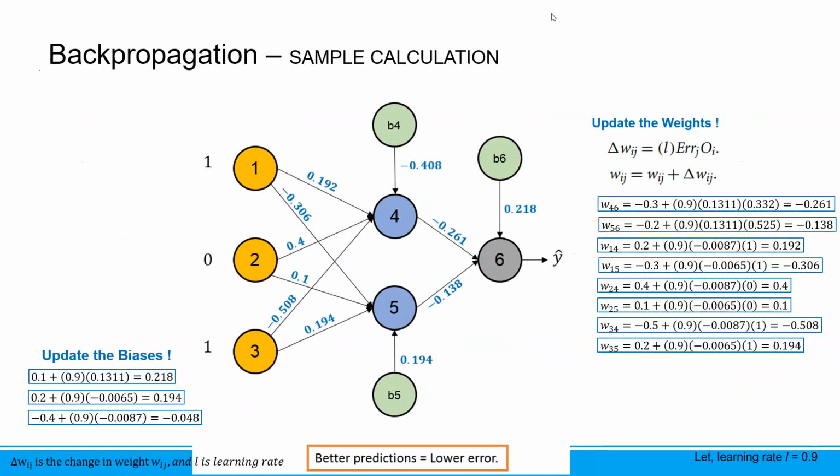Now let's see just one more example, W14. For W14, we know that the previous weight is 0.2. So I am going to update it by adding the learning rate, which is 0.9, multiplied by the error in this node, which is minus 0.0087, multiplied by the output of this node, which is 1.